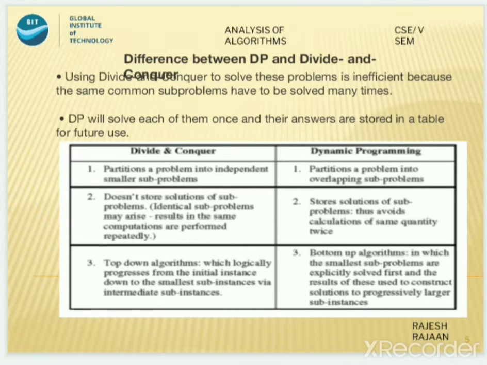Divide and conquer is a top-down algorithm which logically progresses from the initial instance down to the smallest subinstances via intermediate subinstances. Dynamic programming is a bottom-up algorithm in which the smallest subproblems are explicitly solved first and the results of these are used to construct solutions to progressively larger subinstances.